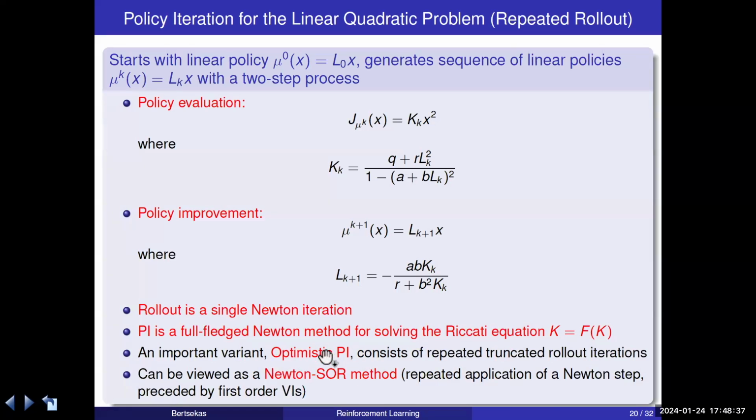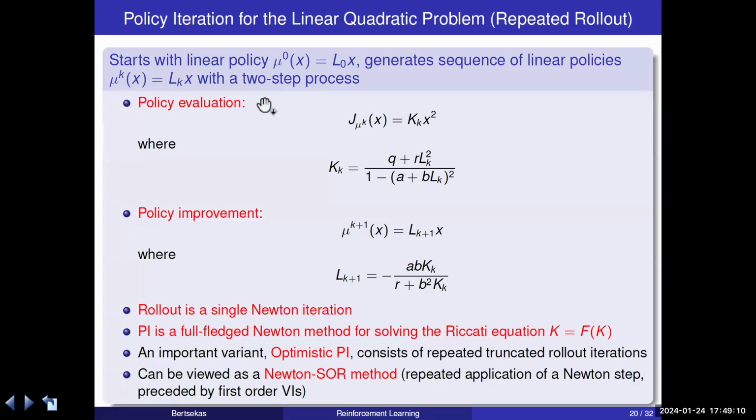Have a question? Yes? Is there a guarantee that for LK, the absolute value of A plus LK plus 1 times B will be smaller than 1? Because this equation doesn't constrain that. Okay, so the starting policy for policy iteration has to be stable.